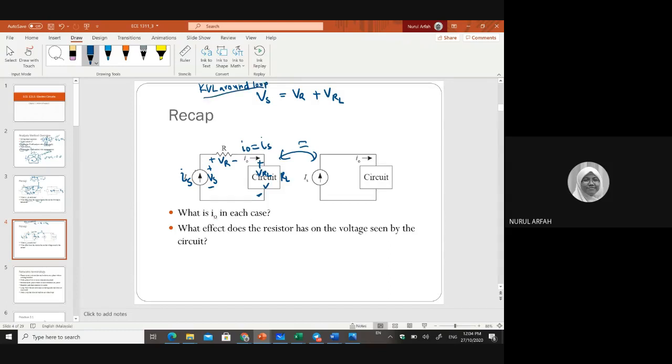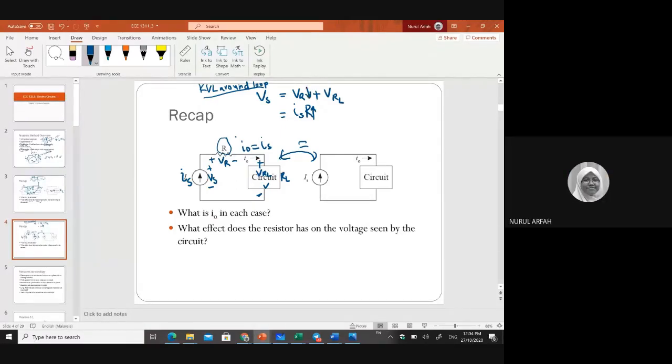Okay. So what effect does the resistor have on the voltage seen by the circuit, this R? And you know that VR is equal to IS R or I naught R. If you increase this, what will happen to the VR? Increase.